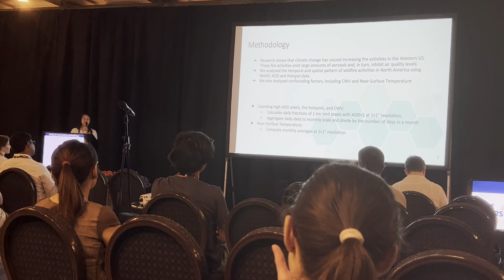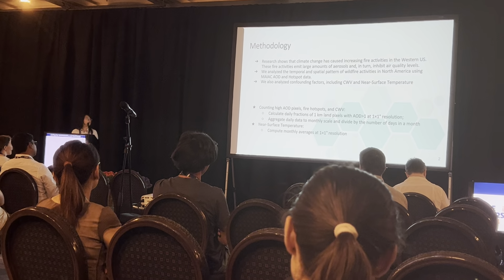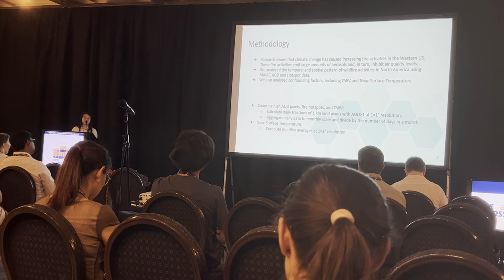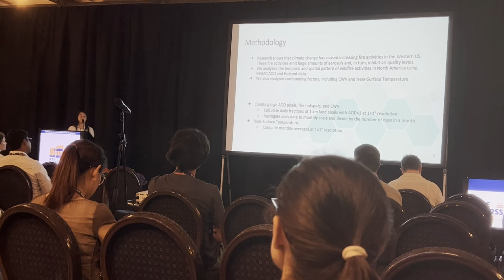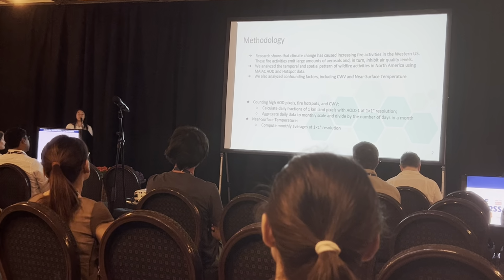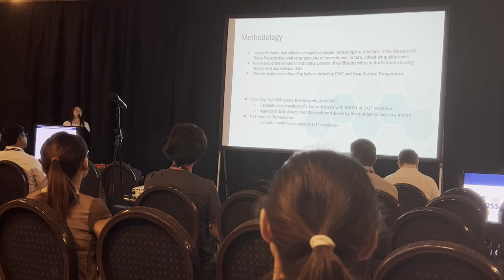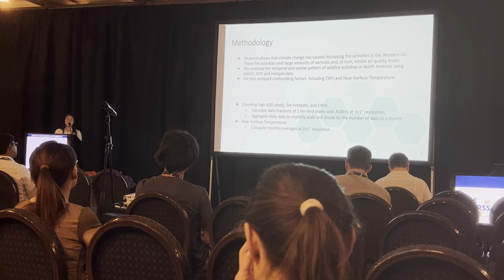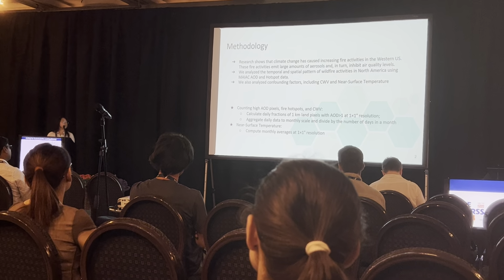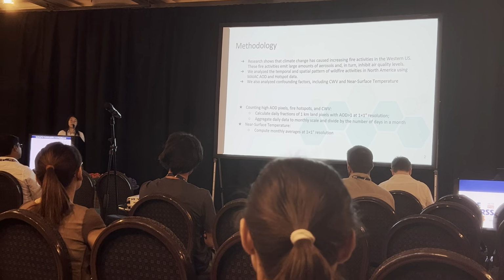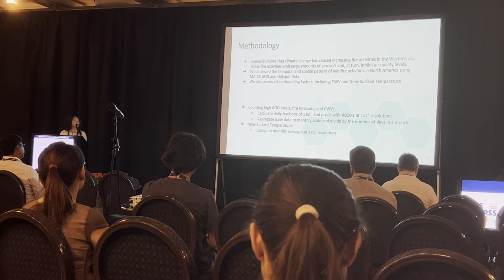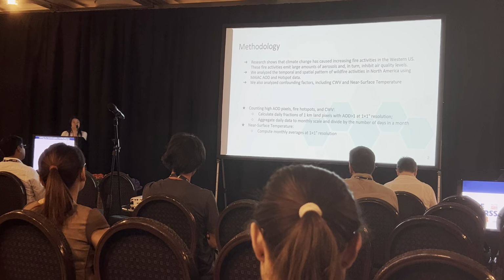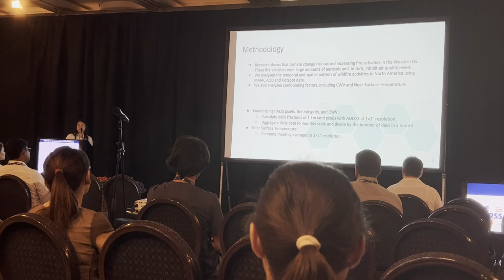The first thing we did was count the number of high AOD pixels within each 1 by 1 degree box. Then we calculated the fraction of these high AOD pixels within each box. We defined a high AOD pixel as having an AOD value greater than 1, and then we aggregated the daily data into monthly data for easier analysis.